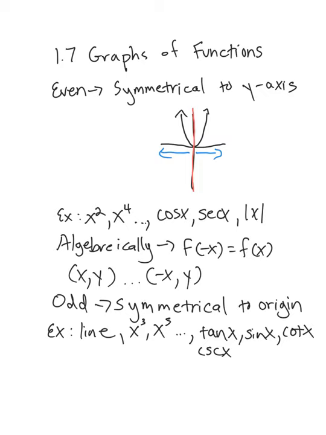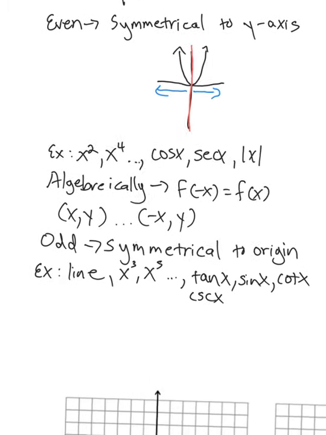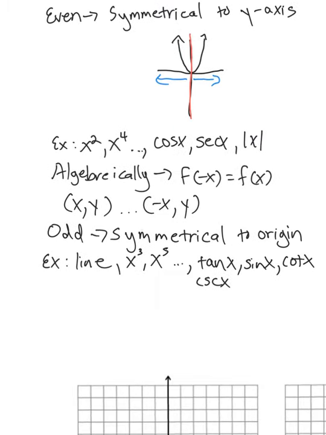For an example here, if I drew a quick picture of an odd function, let's move this down just a little bit. If we had, let's say, a cube root here, notice if we rotated this part here and moved it 90 degrees this way, it would land right here, just like that.